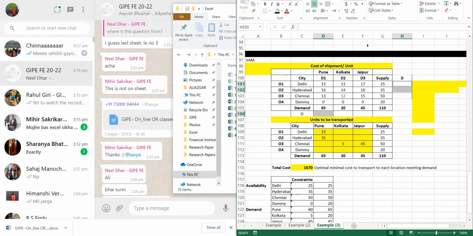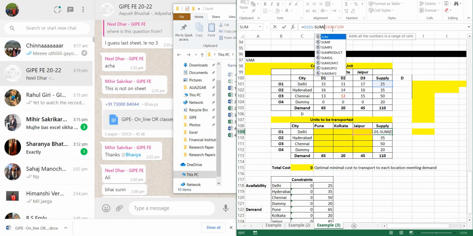Yes, sir, I'm aware. Suppose you are using the allocation, it is given 15, 13, 12. Yes, 15, 13, and 12. Okay. Now let us see what we get.